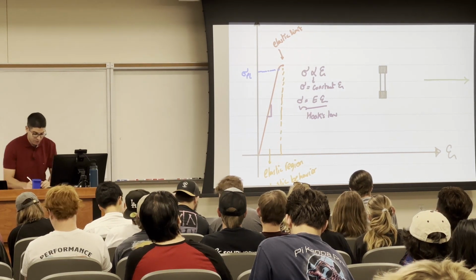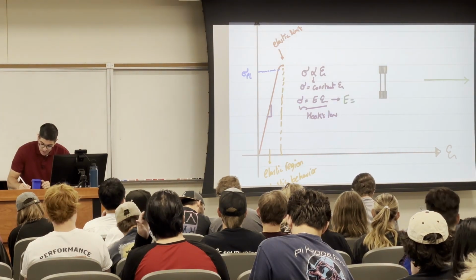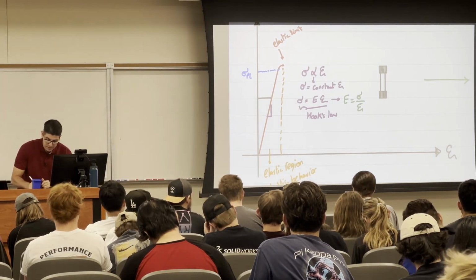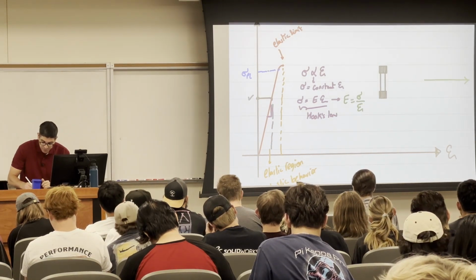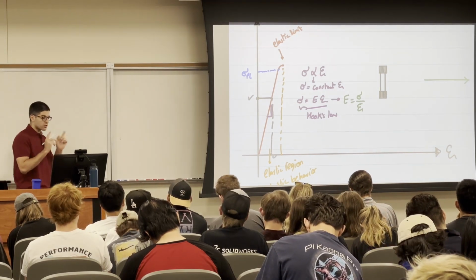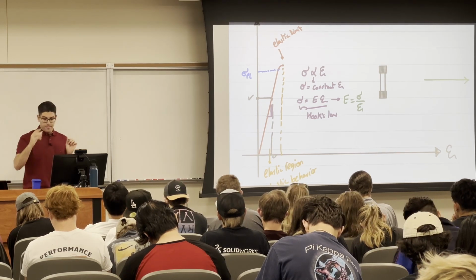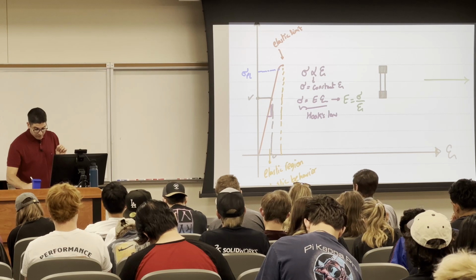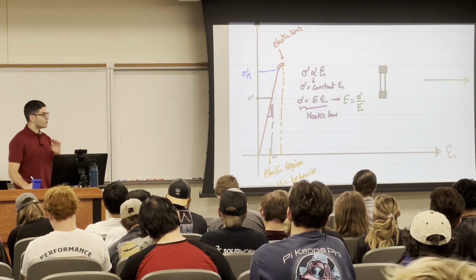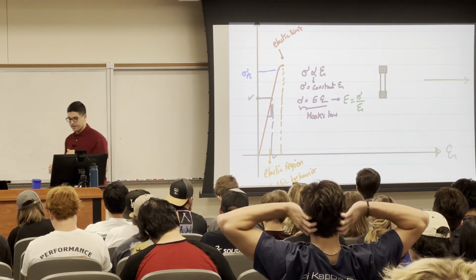Because you can see, I can put it another way: E is equal to stress over strain. So if I have a value for stress, and a value for strain, and I divide them, I'll get the modulus of elasticity. But that's only valid in the linear elastic region. I don't want anyone to take anything beyond the proportional limit. And you will understand why now, right? It's all clear. Okay.